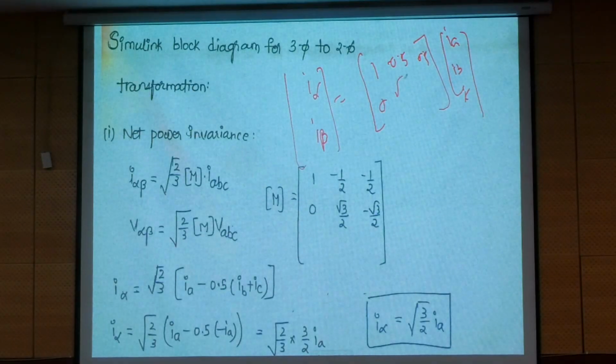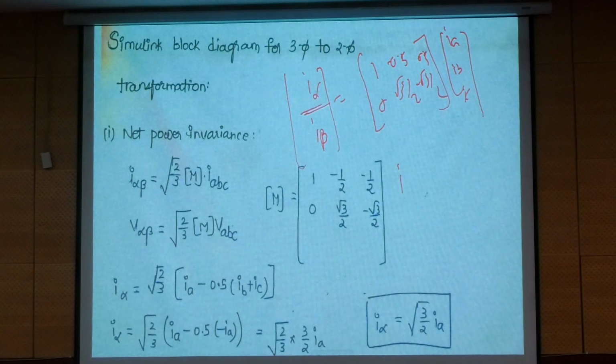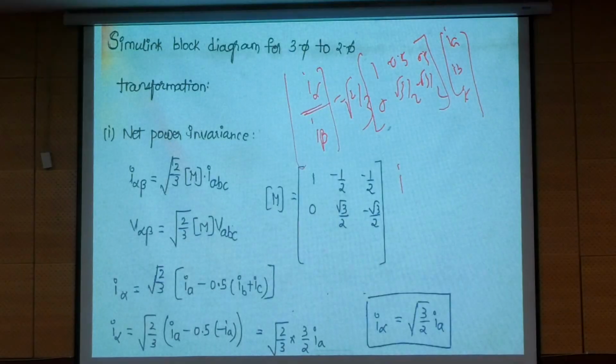Then 0, square root of 3 by 2, minus square root of 3 by 2. From this equation, if you solve, what is I alpha? In this matrix, square root of 2 by 3 is there. What is the reason behind 2 by 3? You will get more clarity after going through the video lecture. I will forward the video lecture, then you will get more clarity, right?